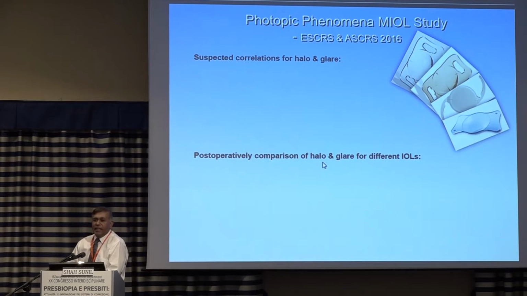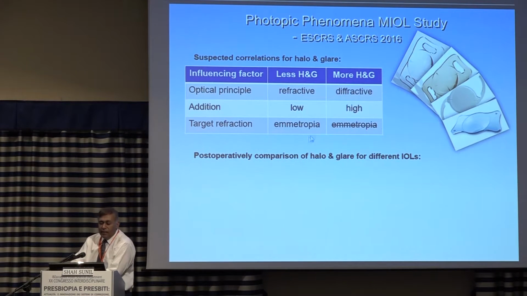There's an interesting study presented last year looking at why people get problems with multifocal lenses and which lenses are more susceptible to this. If you look at the results of this study, at the optical principle of the lens, the lens design which gave you fewer halos and glare was a refractive lens, and the higher halos and glare was with a diffractive lens.